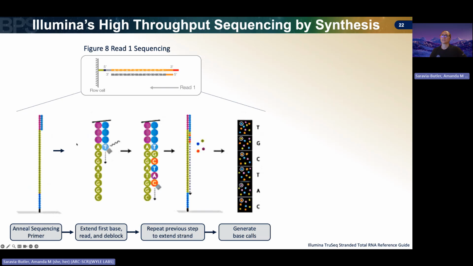And so what happens is, depending on what the next base is in your unknown sequence, its complement is going to get incorporated. And then it's going to release a signal that's going to be captured by a camera. This block is going to be released that will allow the next nucleotide to be incorporated based on what its complement is in your unknown sequence.